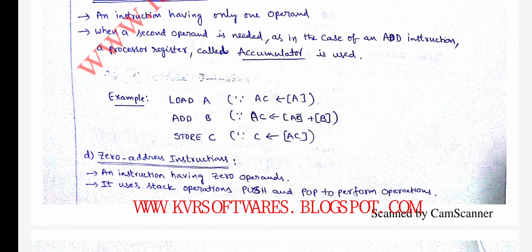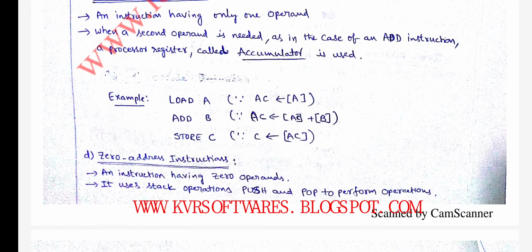So AC plus B gives AC. Here this AC contains the content of A, so A plus B, and that result is stored in the accumulator. But that is not our target. Our target is to store the result in C.